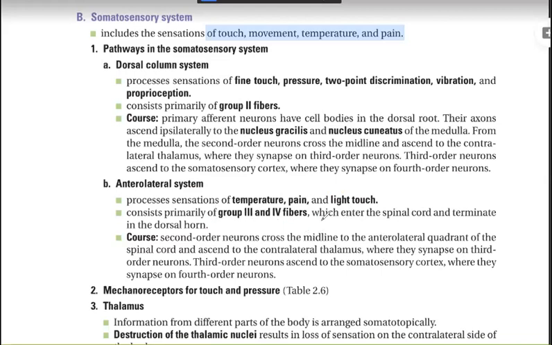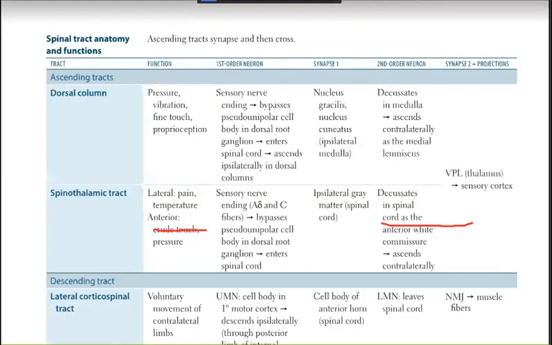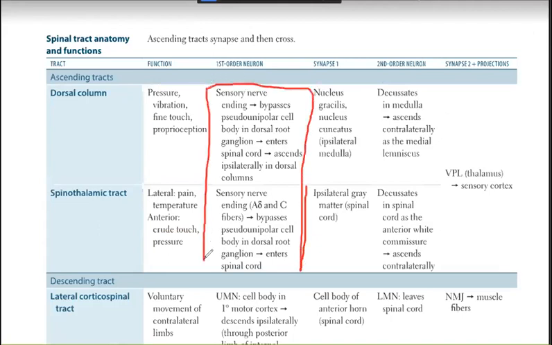Okay, now what is going on? The anterolateral system will enter the spinal cord and then terminate in the dorsal horn. So again, the same story is going on as with the dorsal column. Up till here, this is the same. You can also read it.